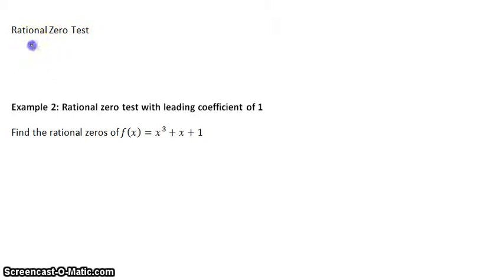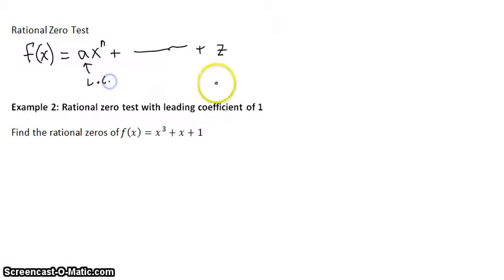Now, there is something that's going to help us find zeros if we don't necessarily know how to find them. So I'm going to write an nth degree polynomial, and I'm not going to write the whole thing out, but I'm just going to say that this is my leading coefficient, and this is my constant term.